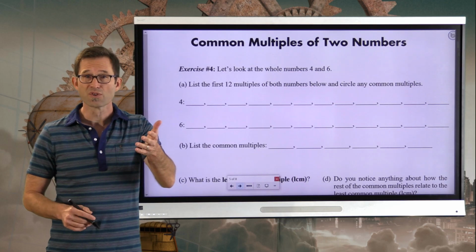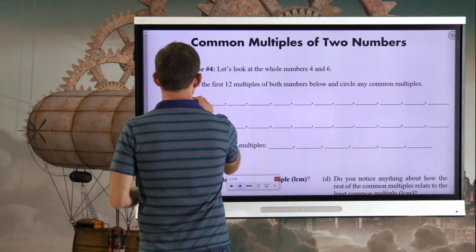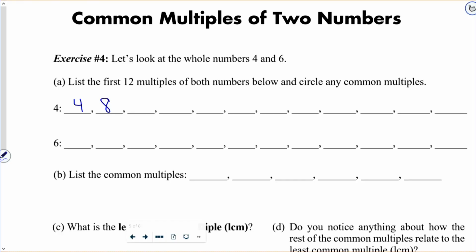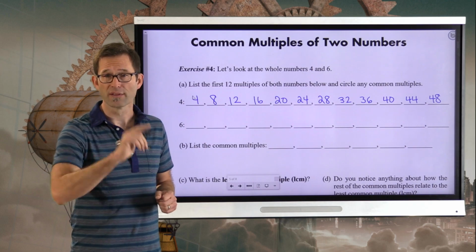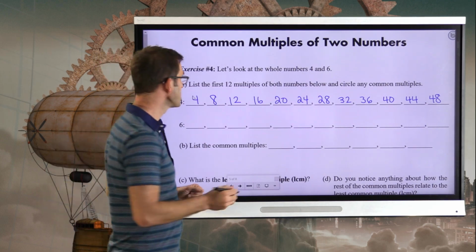All right, so let's do 4 first, right? We've got 4, 8, 12, 16, 20, 24, 28, 32, 36, 40, 44, and 48. So there are our first 12 multiples of 4. Now let's do the first 12 multiples of 6.